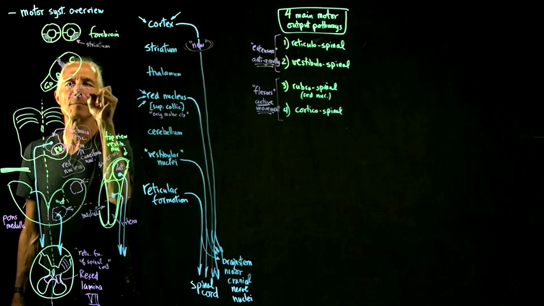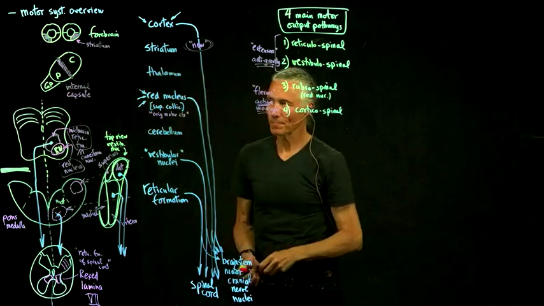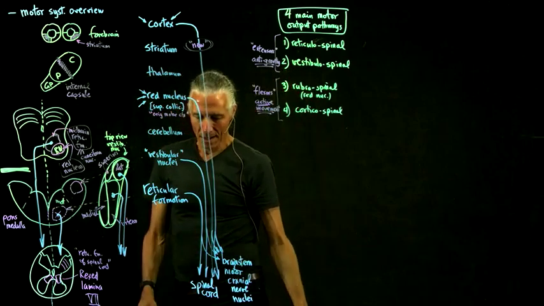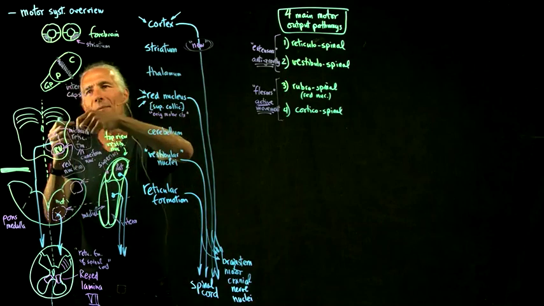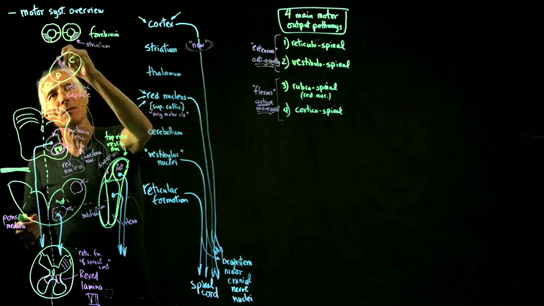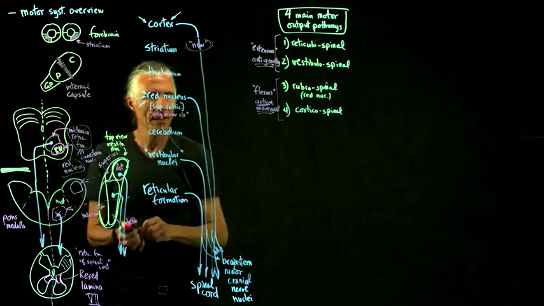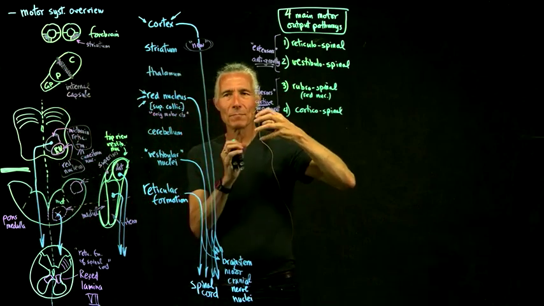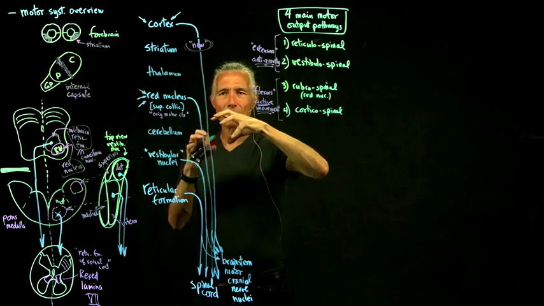And so the internal capsule is just wires coming from the cortex going down to the spinal cord. If you look at something like a rat, in a primate or a human, you see there's a big bundle where these fibers all sort of gather together. And in something like a rat, the fibers just break up into a couple hundred bundles and just penetrate through the striatum.